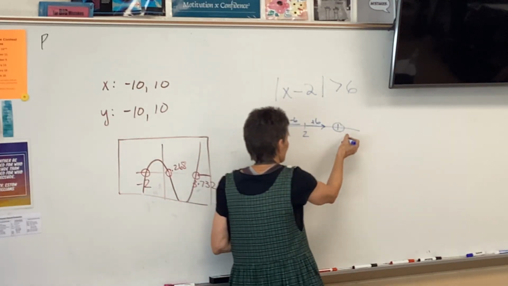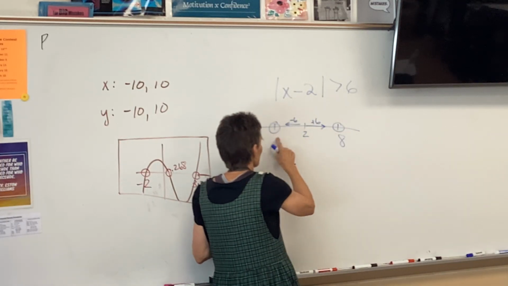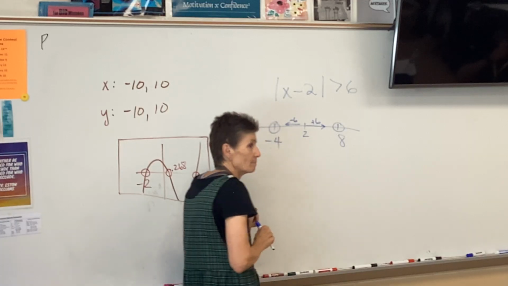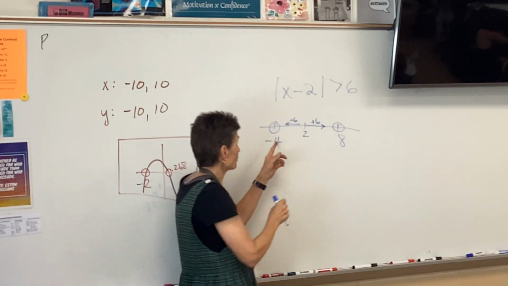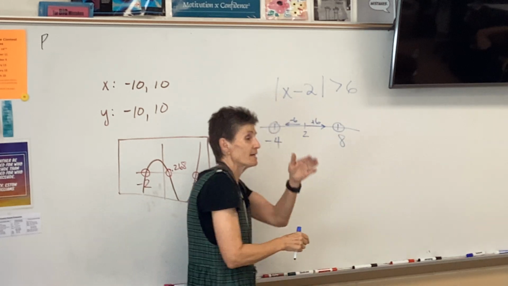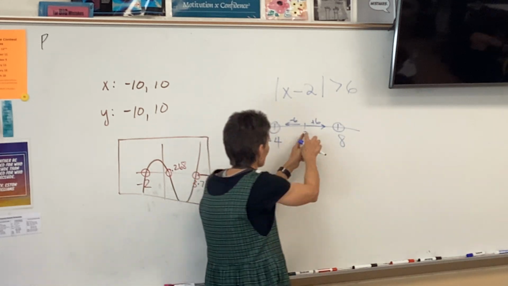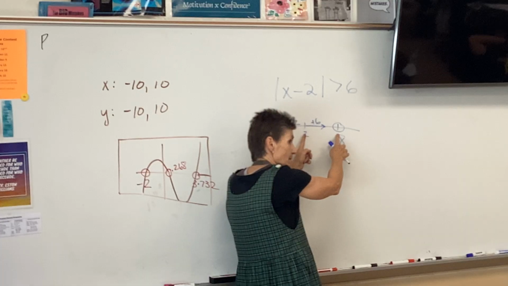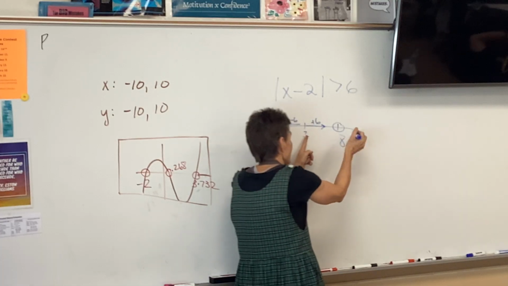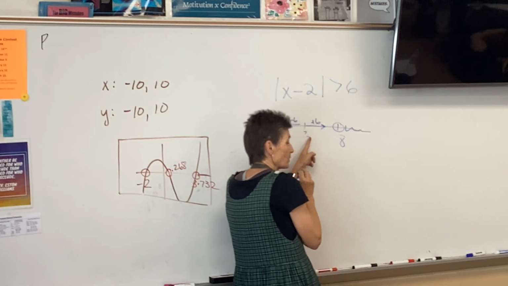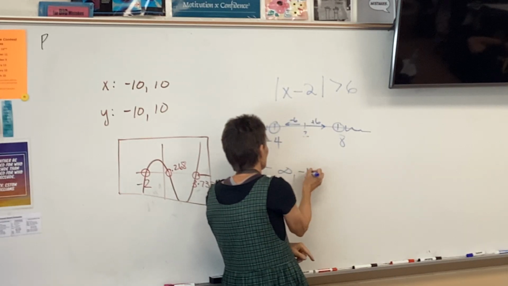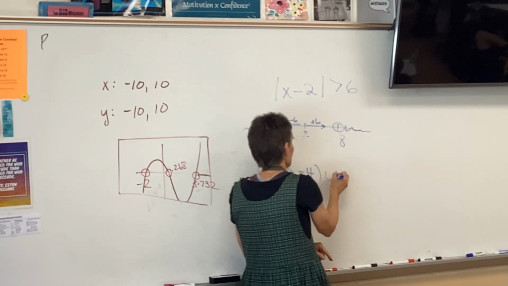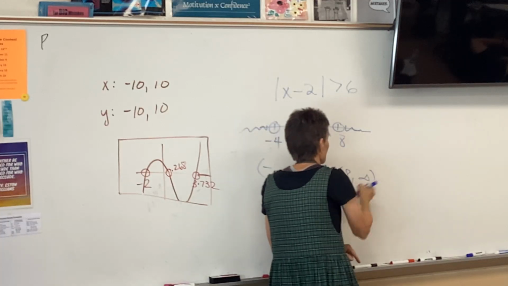So 2 plus 6 would put this boundary at 8, and this boundary at -4. Since these are the points where the distance is exactly 6. From here to here is 6. If I'm gonna be more than 6, then I need to be out here or back here. So my answer is negative infinity to -4, or 8 to infinity.